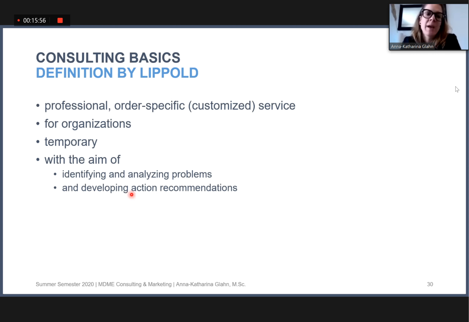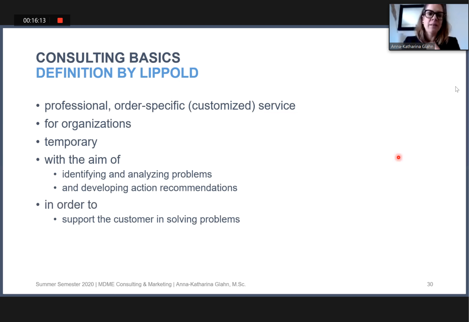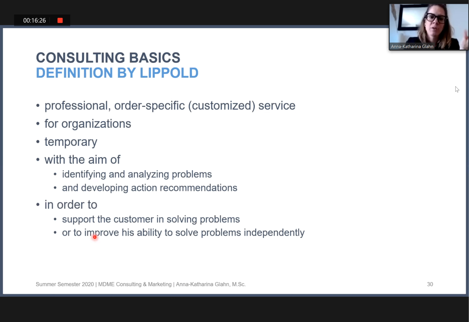That means to develop action recommendations. But usually they do not deliver the solutions. But there are some areas where it's a bit different, for example, in IT. And the idea, as I said, is they are developing action recommendations in order to support the customer in solving problems himself, or improve the ability of the customer to solve problems independently.